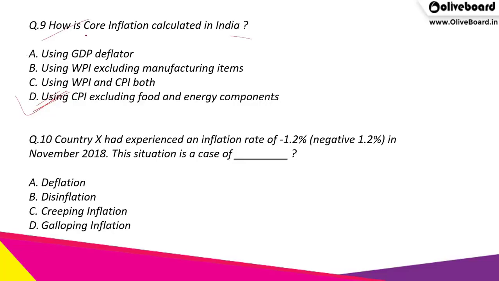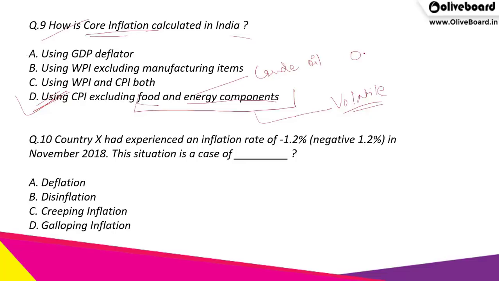So core inflation. Now, why are these two components excluded? I said earlier in the video that the prices of food items and energy items are most volatile. So it has crude oil. Crude oil prices are dependent on OPEC output. Okay, OPEC is a group of countries which produces crude.